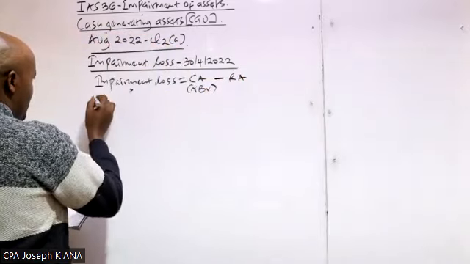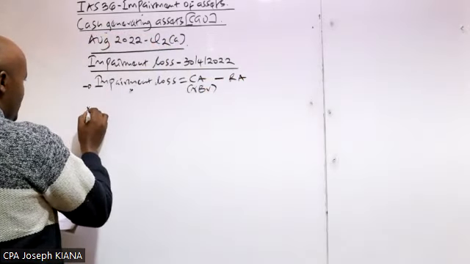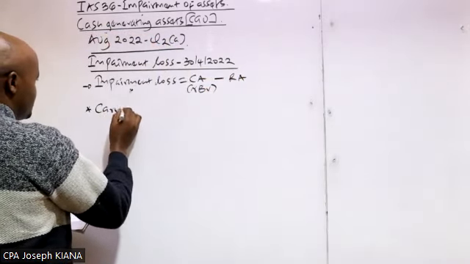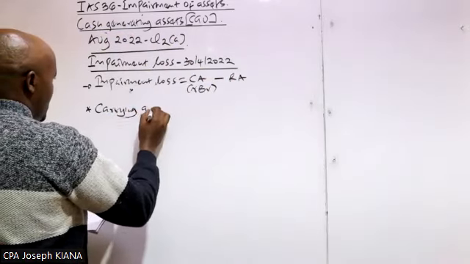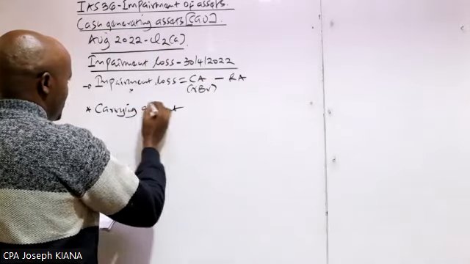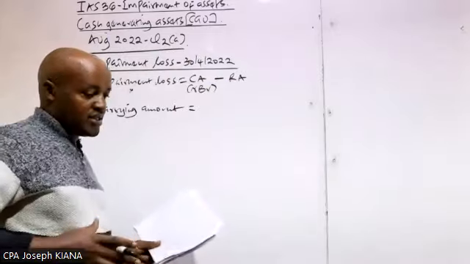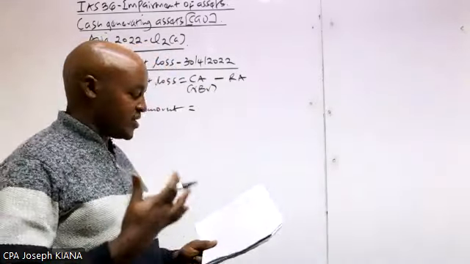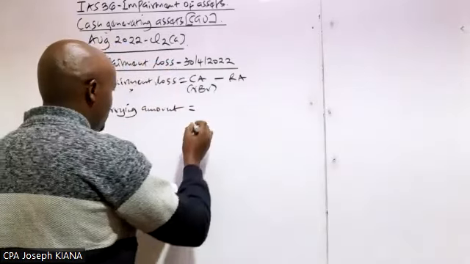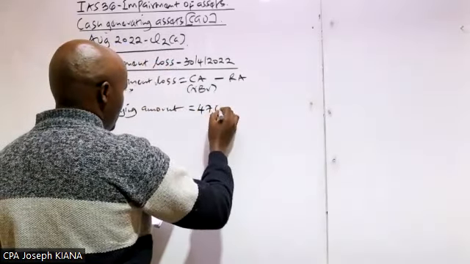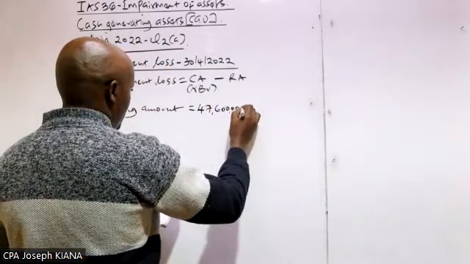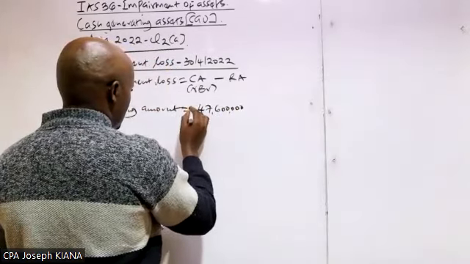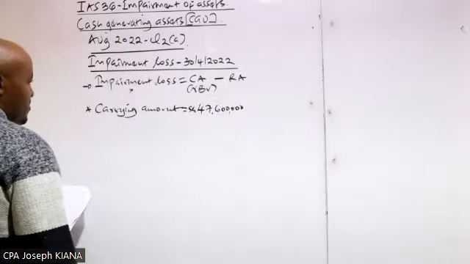In our case, we already have this value. We are given the carrying amount of the cash generating unit. Remember, we are not taking the carrying amount of individual assets, but the carrying amount of the CGU, which is given as a figure of 47.6 million. So that amount is already given.